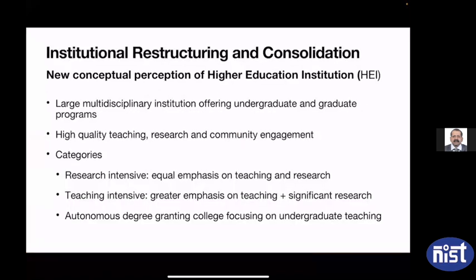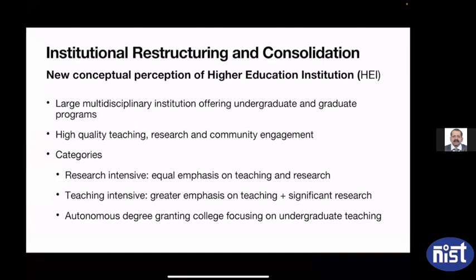And this will be now the concept of a higher education institution. They talk of a change, and it will be a large multidisciplinary institution offering undergraduate and graduate programs. So in some sense, where NIST already is, this is their concept of a higher education institution.